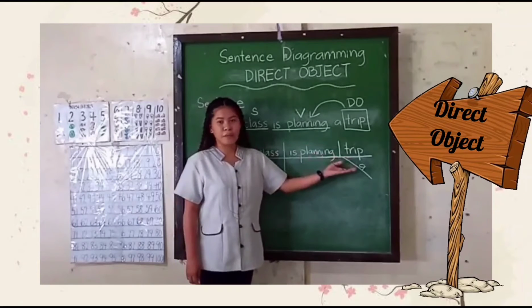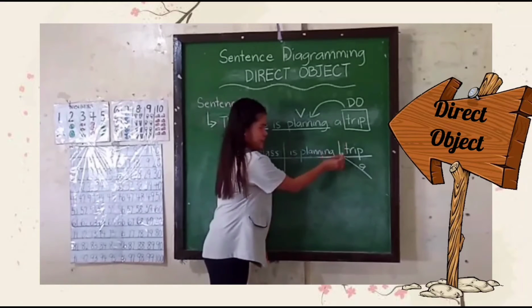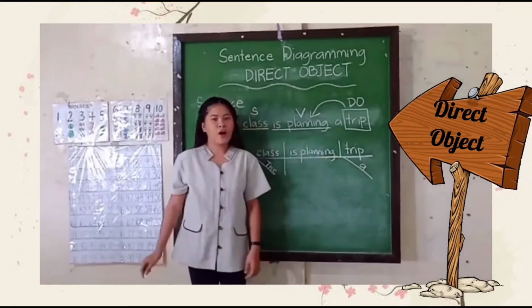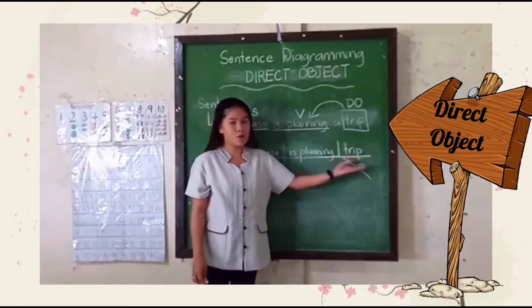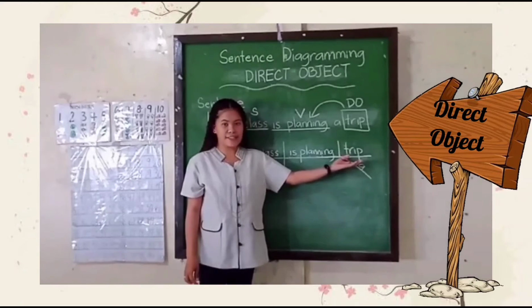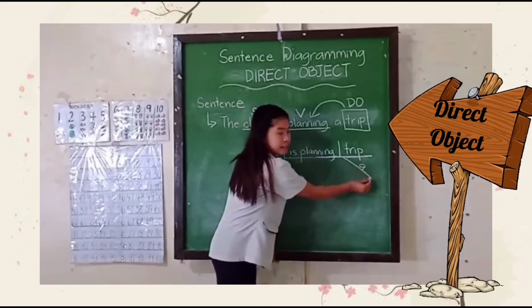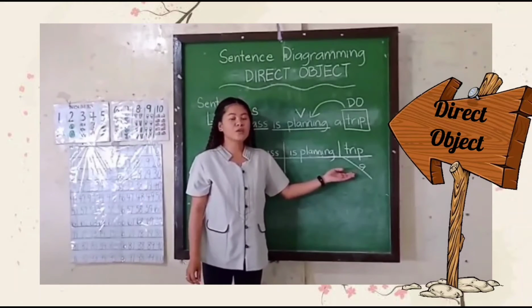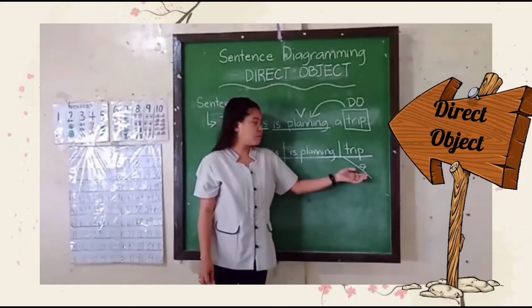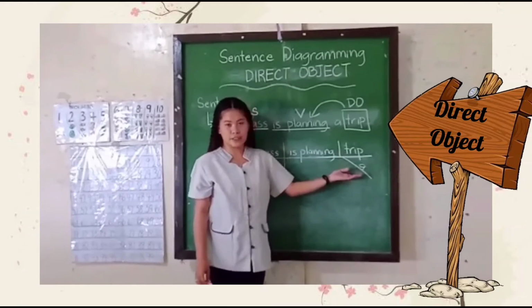For the trip, you're going to do half of a vertical line, only on the top half, and put the direct object on the right hand side. And then write a slant line from the left down to the right hand side for the article under the word trip.